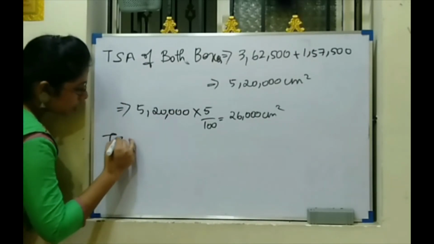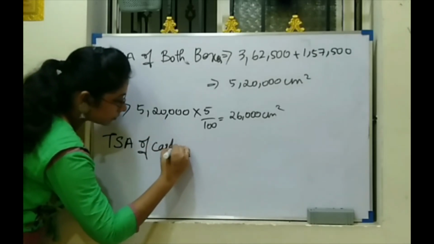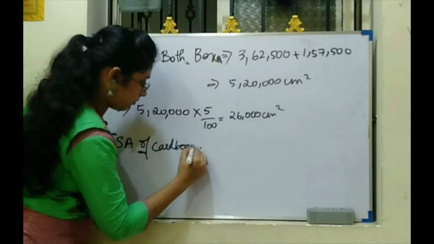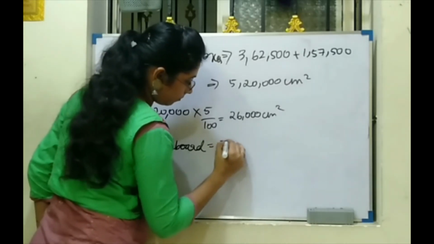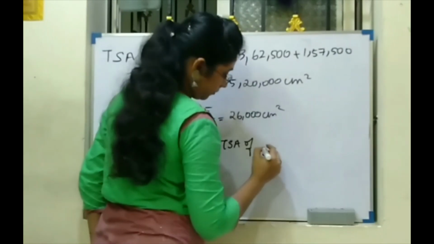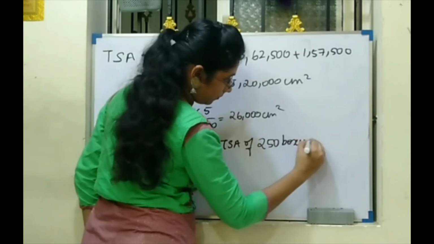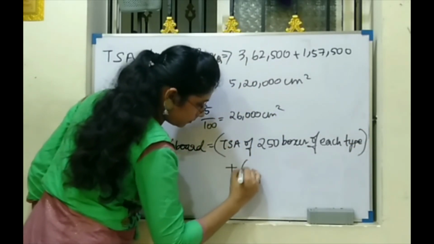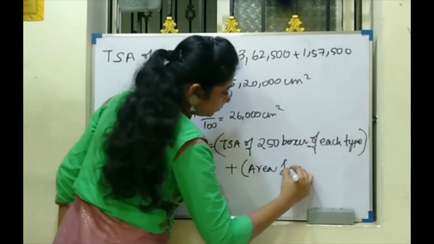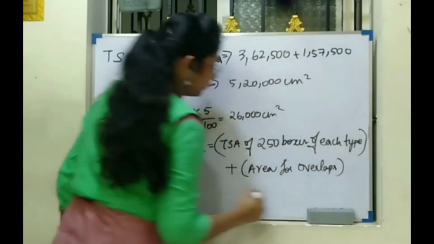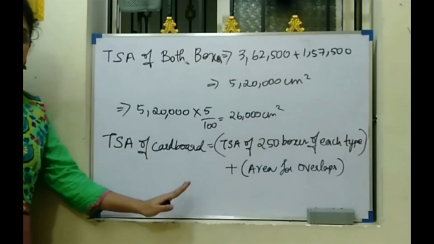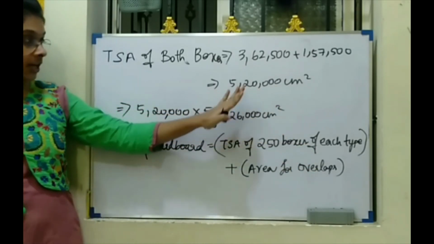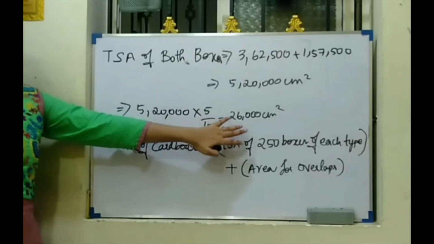That is, the total surface area of the cardboard needed. Therefore, the total surface area of cardboard is equal to the total surface area of 250 boxes of each type, that is 520,000, plus the area of overlaps, which is equal to 26,000.